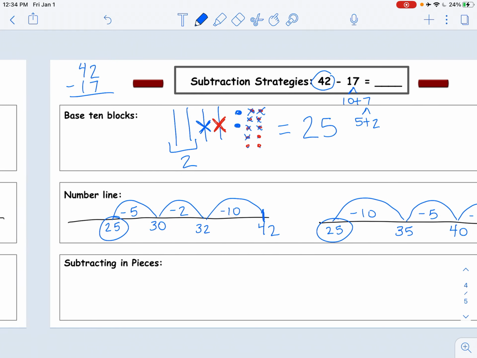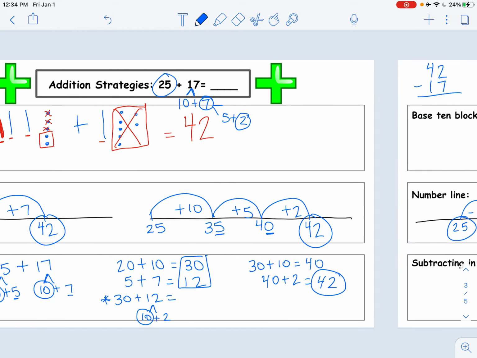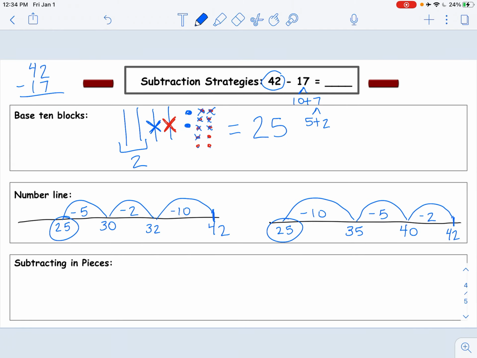While over here with addition we had decomposing, we don't do decomposing with subtraction. A strategy that we like to use is subtracting in pieces. This is one that your child has not necessarily been exposed to much yet, but it is another great way, especially if they don't want to do the pictures and prefer a little bit more of that mental math.